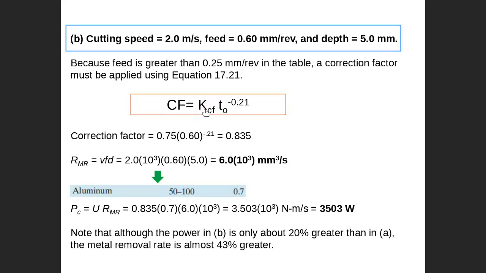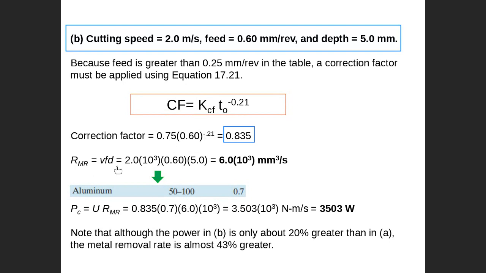Correction factor equal to KCF, which is a constant equal to 0.75, multiplied by t0 to the power minus 0.21. Here t0, the feed, is equal to 0.6. So 0.75 multiplied by 0.6 to the power minus 0.21 gives the correction factor. We have to consider the correction factor.